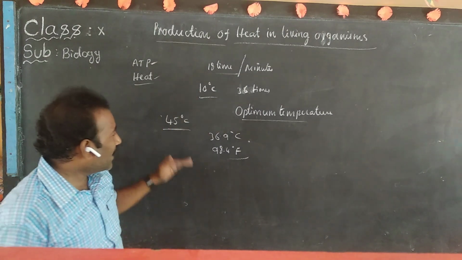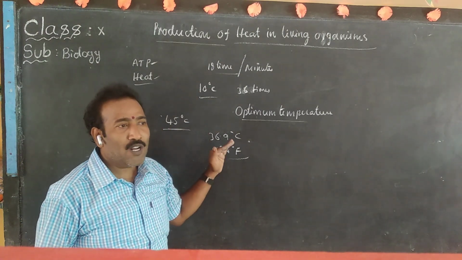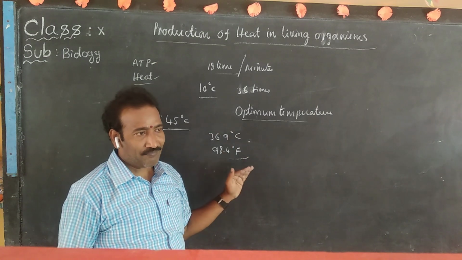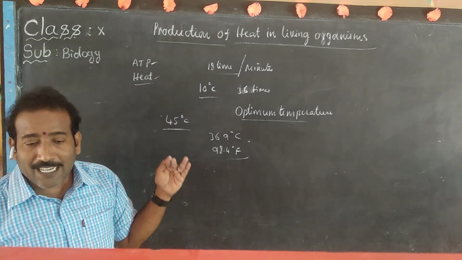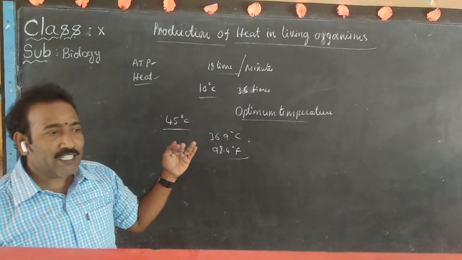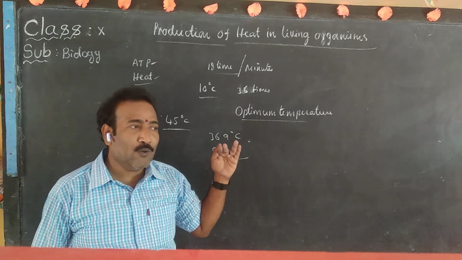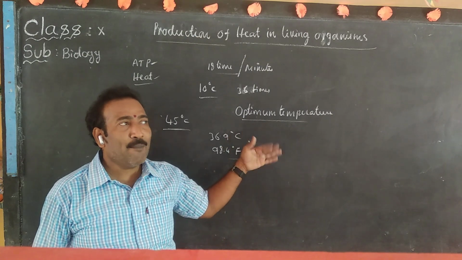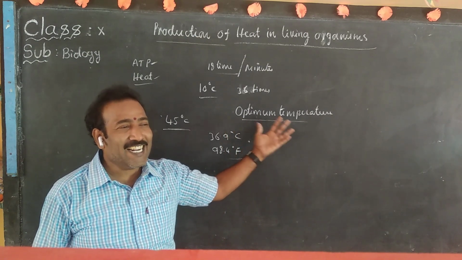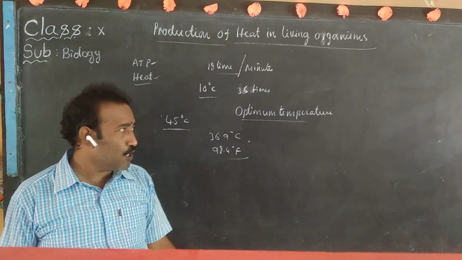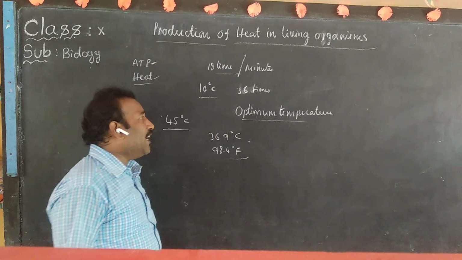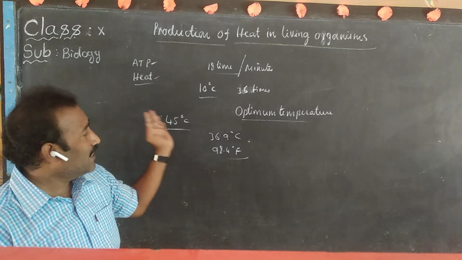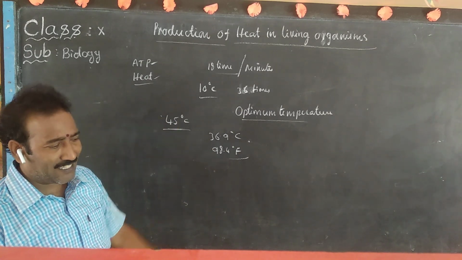That's why continuously some amount of heat is generated. We have a constant body temperature because the quantity of heat lost from our body is the same quantity that is generated in our body. This is possible because of respiration. Every living organism produces some amount of energy as heat.